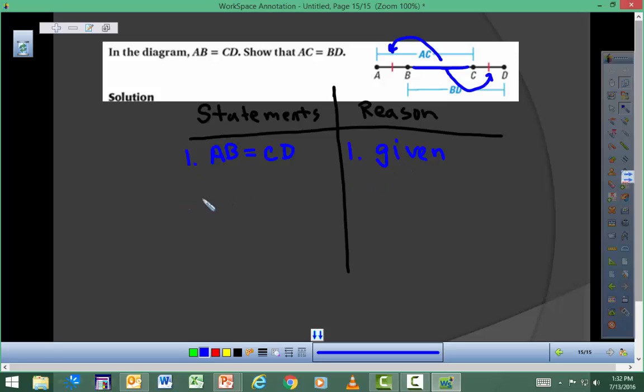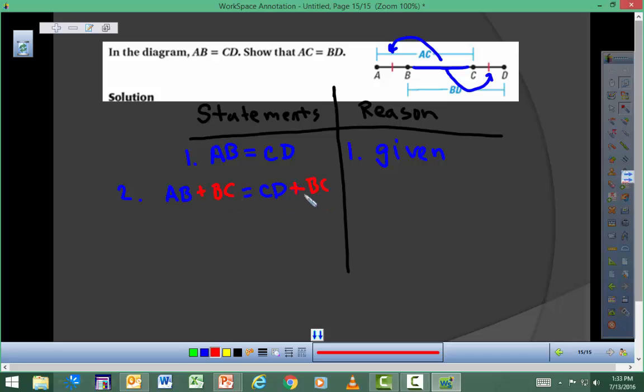So what I'm going to do is I'm going to use the addition property. It says I can add things to both sides of an equal sign. So step number 2, I'm going to need a little bit more writing here. I'm going to say AB plus BC is equal to CD plus BC.